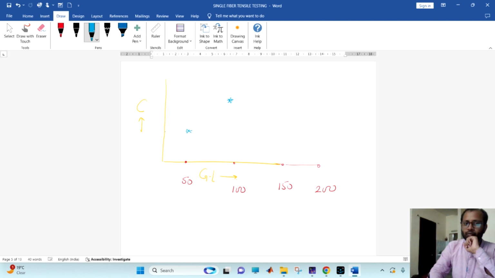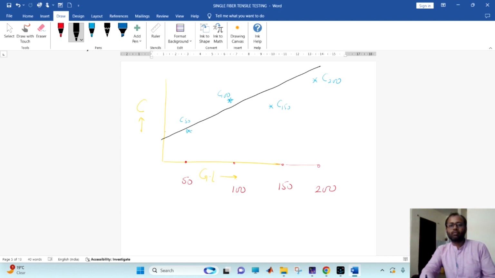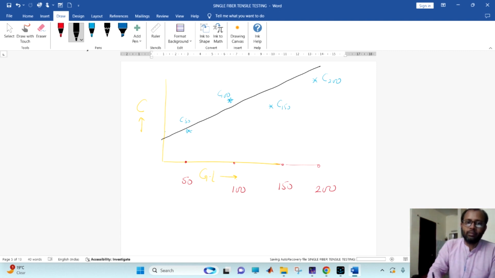I am just writing C50, C100, C150, and C200, and we will plot the values. We can use linear regression, or fit these data points.